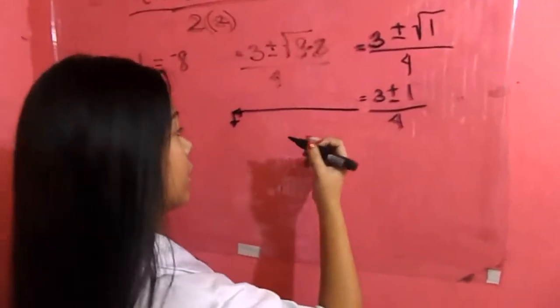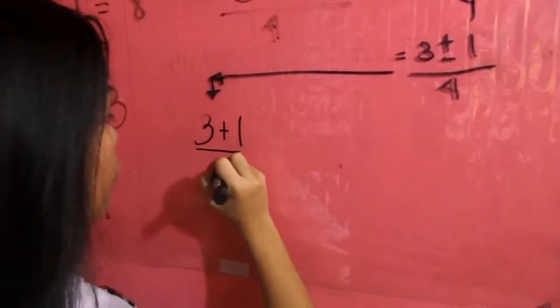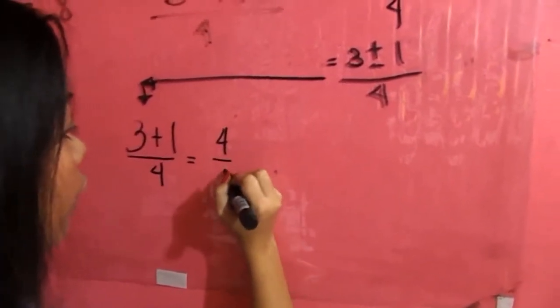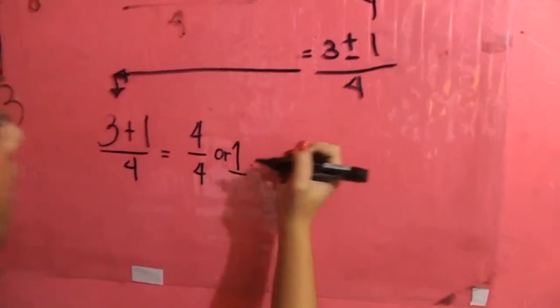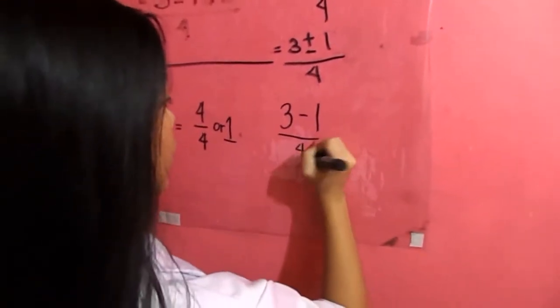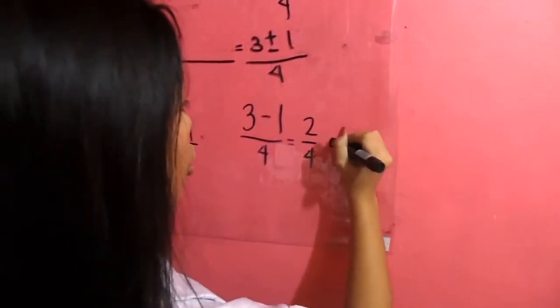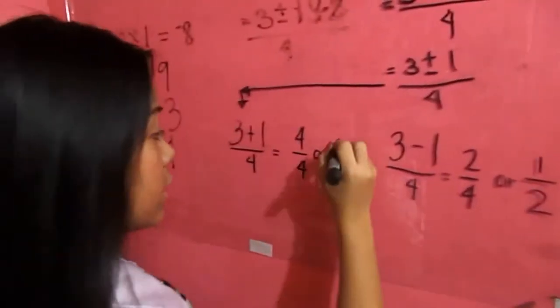Solve it separately. 3 plus 1 over 4 is equal to 4 over 4, or 1. 3 minus 1 over 4 is equal to 2 over 4, or 1/2. So this is the answer.